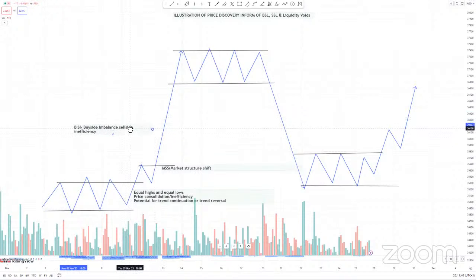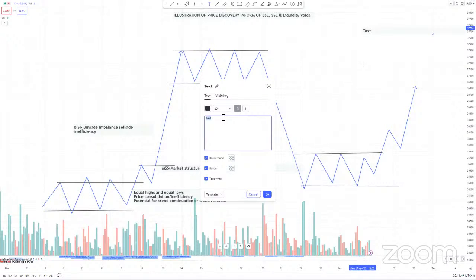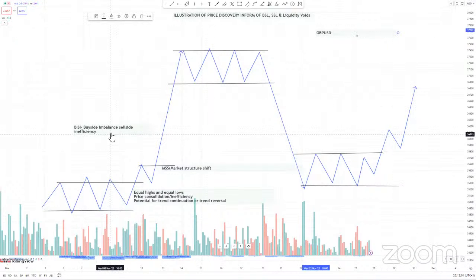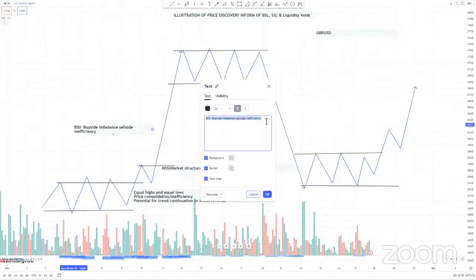For instance, when you have CPI, okay, if CPI comes in lower, and you have an asset like GBP USD, it is essentially going to have a sharp move higher, and this is because you're going to have a lot of traders in the market piling up buy orders. That's what will create that imbalance, okay? When you have this imbalance formed, it will form a void, okay?